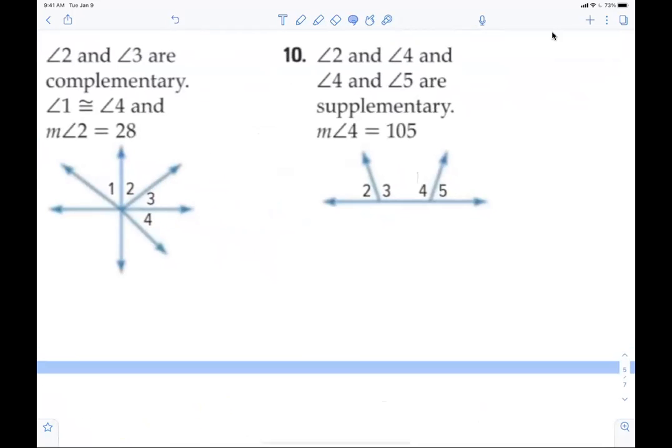So if 4 is 105 degrees, then what's 5? 75 degrees, right? So that means angle 2 and 4 are supplementary. So that means 2 is what? Then 3 would have to be. Does that make sense now, James? Yes, sir.